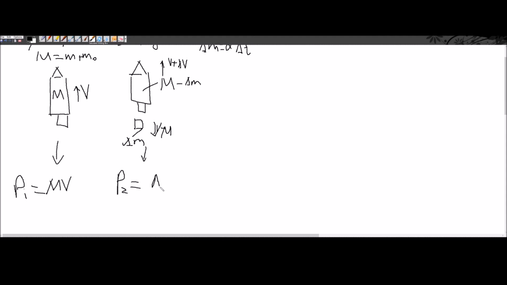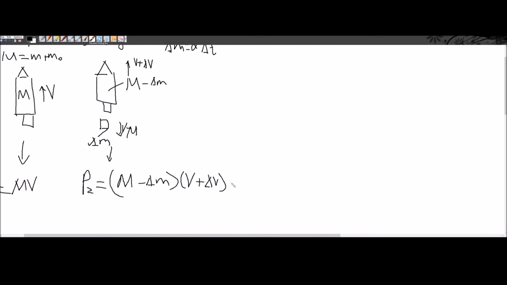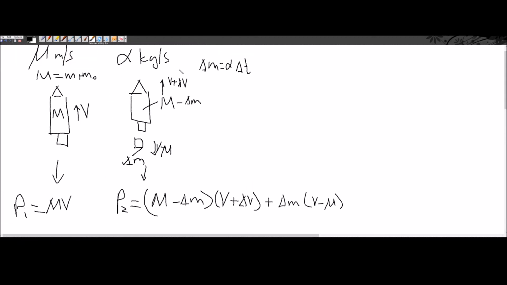So it's going to be the total mass of the rocket minus the mass ejected, times your velocity plus your delta velocity gained from thrusting the fuel. And then you add to it the fuel's momentum, which is going to be v minus mu, right? Because that makes sense, right? You're going at v, going down at mu, so it's v minus mu.